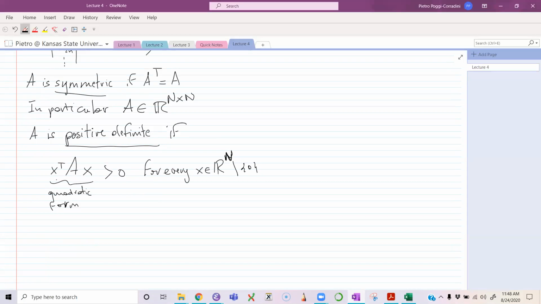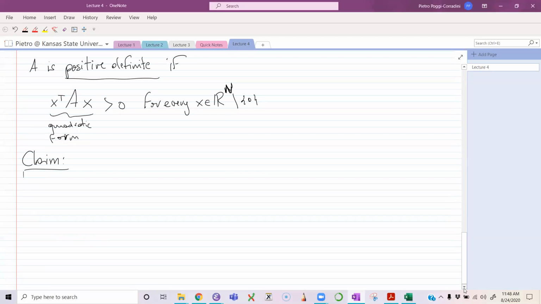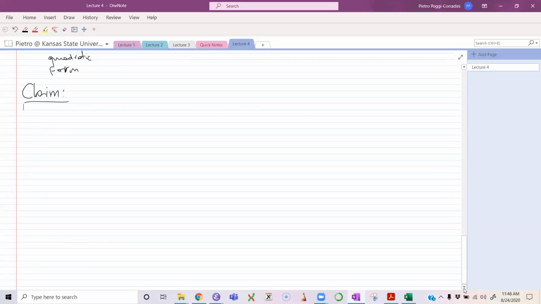And the claim, which is a lemma in the text, is that inner products are in one-to-one correspondence with such matrices. So let's state it like this.